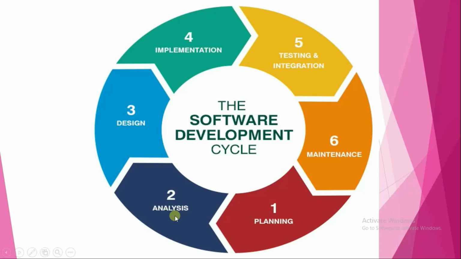The business analyst analyzes the project: what the project contains, what the client requirement is, and how we can analyze this project. So total analysis of the project happens here with the business analyst.